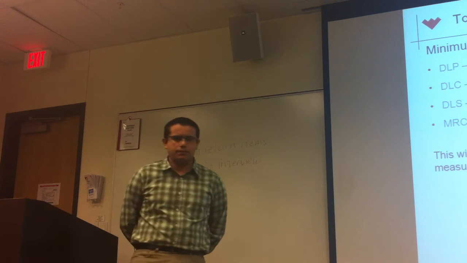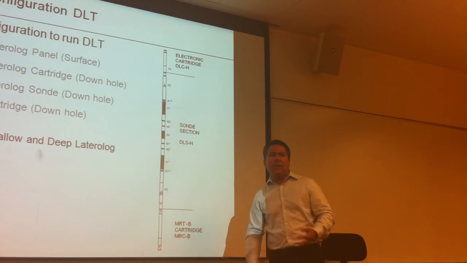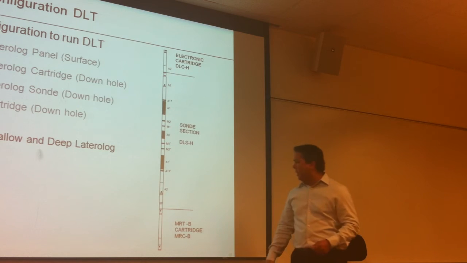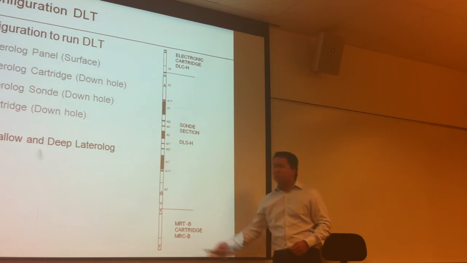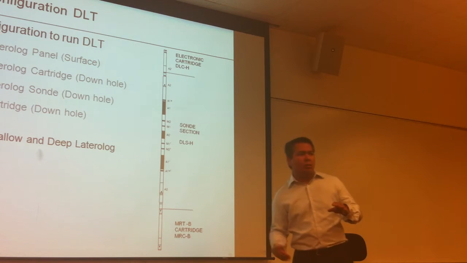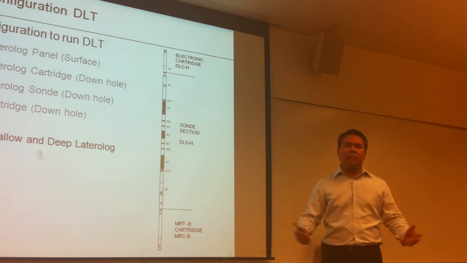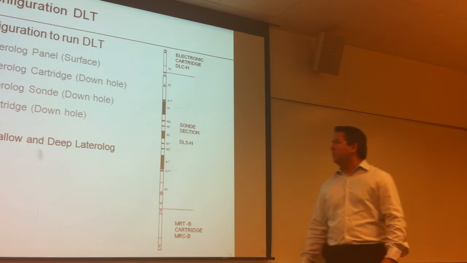We're going to have a sonde section where we have the measuring electrode and the bucking currents as well. And down here we're going to have the cartridge for the MRT, that's the micro resistivity tool for standards. Also, we provide shallow and deep Laterolog as the compact tool.